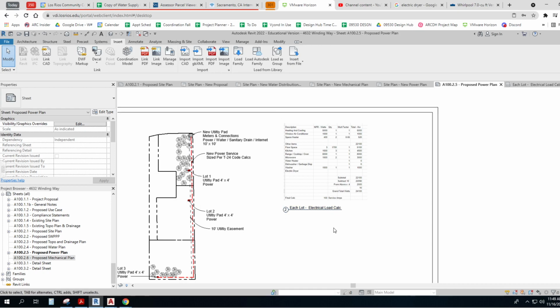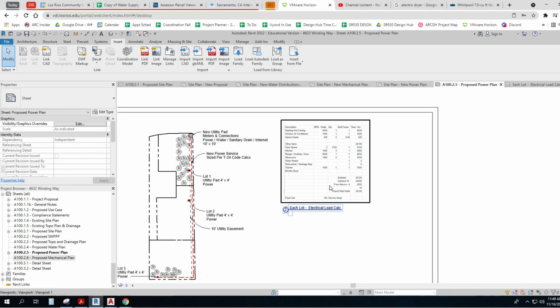Or you could say, well, I'm going to calculate them all as if they were the 2000. These guys are going to have a little bit bigger service than maybe they need, but they don't have to use all the power, right? And so that's if you want to do just one calculation, base it on your largest lot.